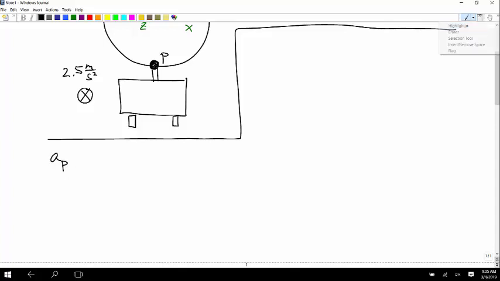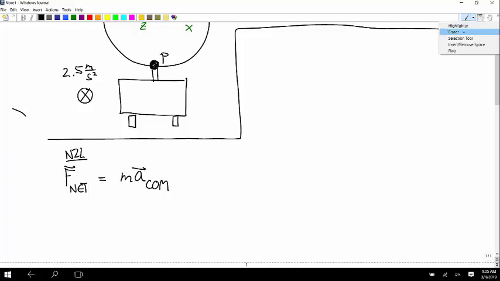Okay, well, let me start from what the question is. The question's asking for the net force, so we're going to use Newton's second law. That says F net is equal to the mass of the passenger times the acceleration of the passenger's center of mass.